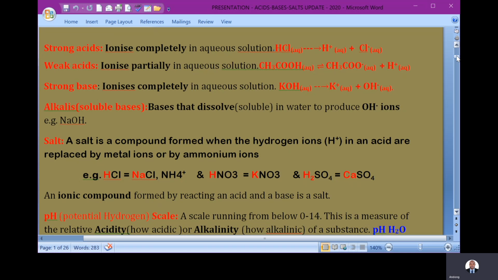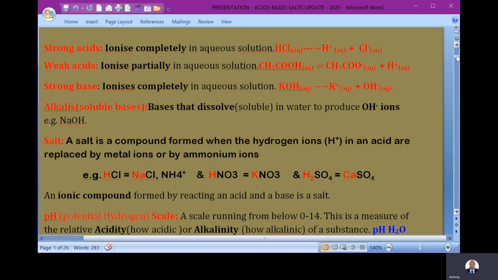So the strength of an acid is determined based on the concentration of the hydrogen ion in solution. Remember, all acids are hydrogen-containing compounds. Every acid has one or more hydrogen attached to it.